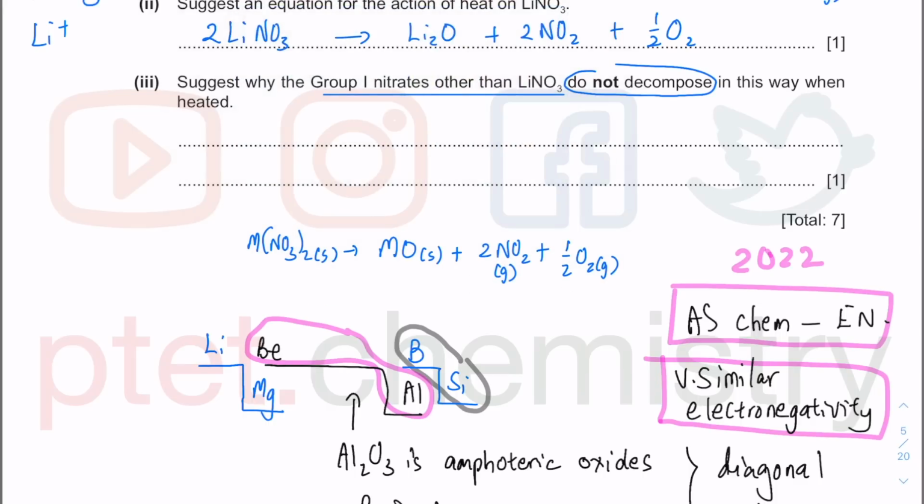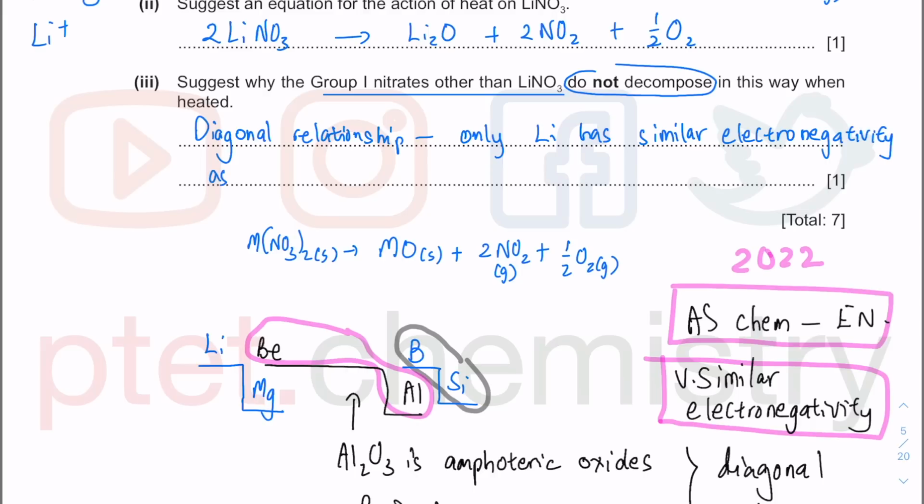So we can say that because of the diagonal relationship, only lithium has a similar electronegativity as magnesium.